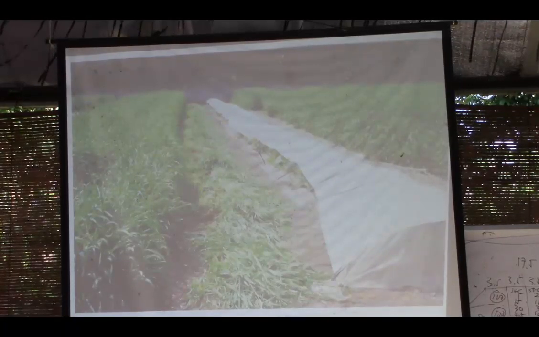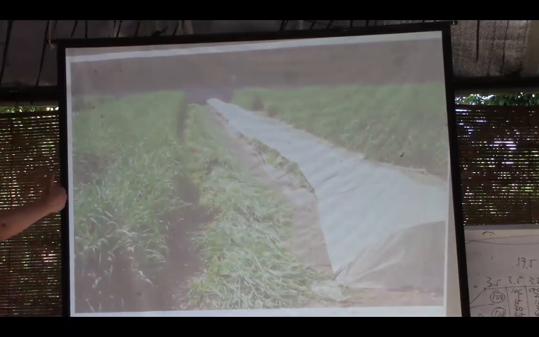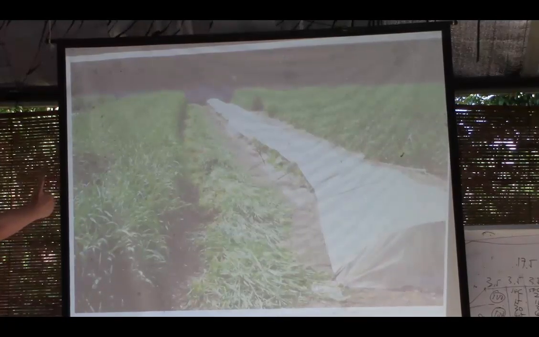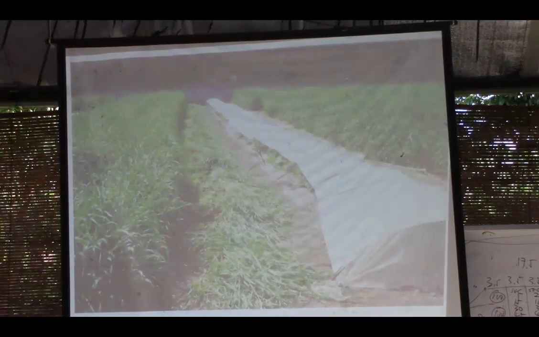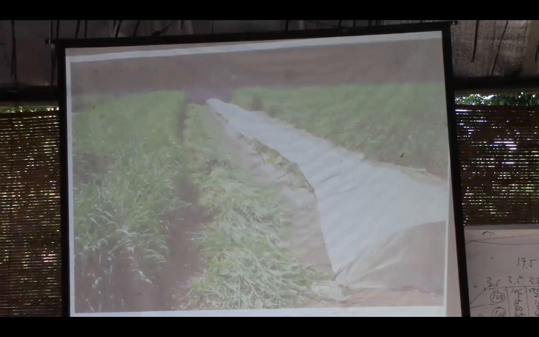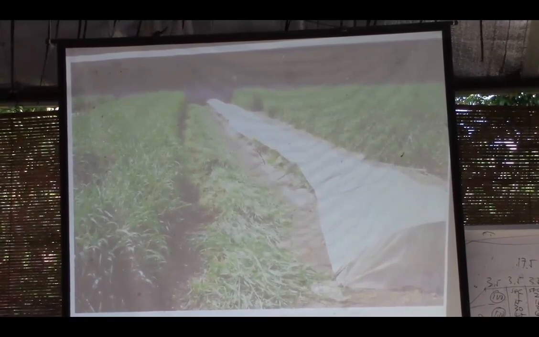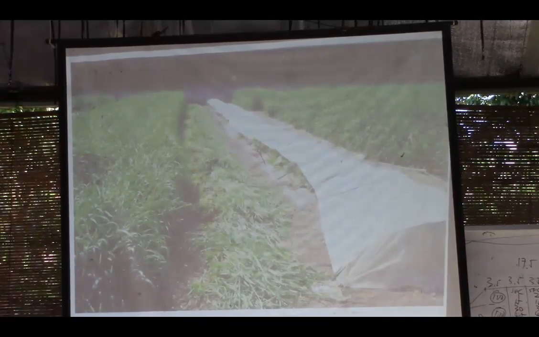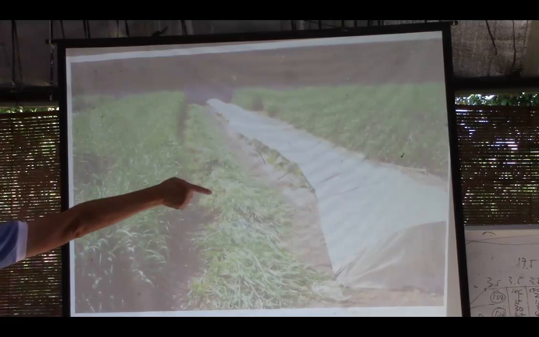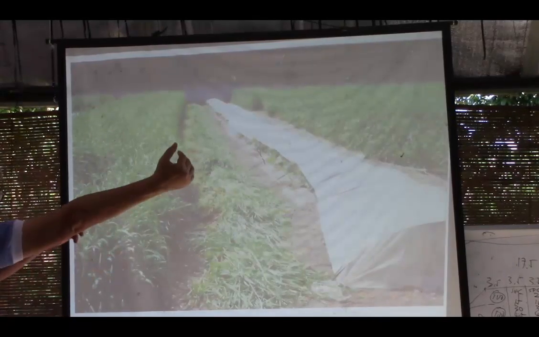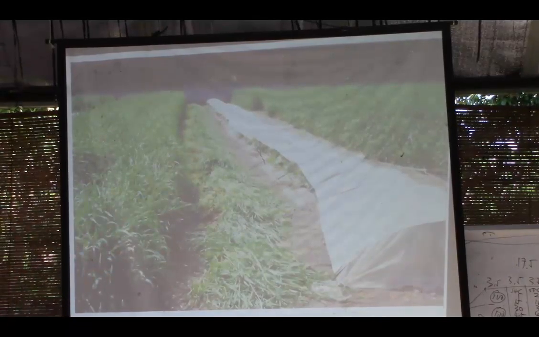So by this time, the squash vine would start going. The direction of the vine is all one direction. They don't let it go this way, everything is in this direction. The other side of the kalabasa is also one direction.